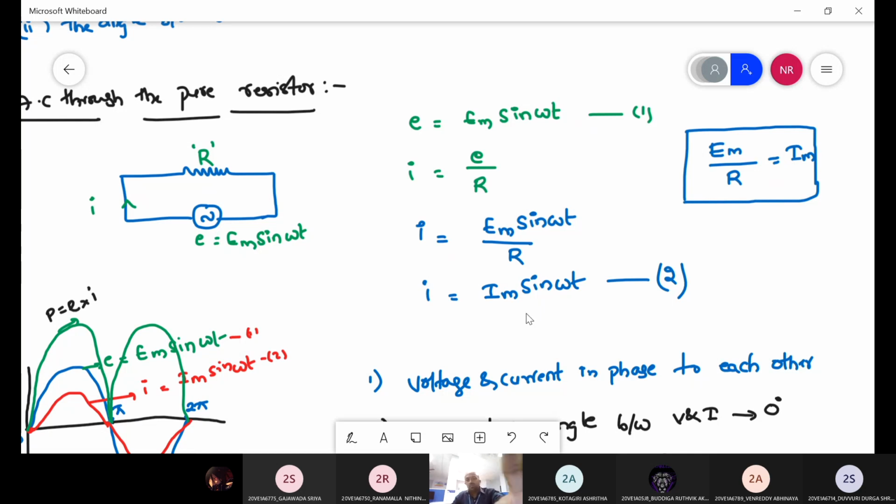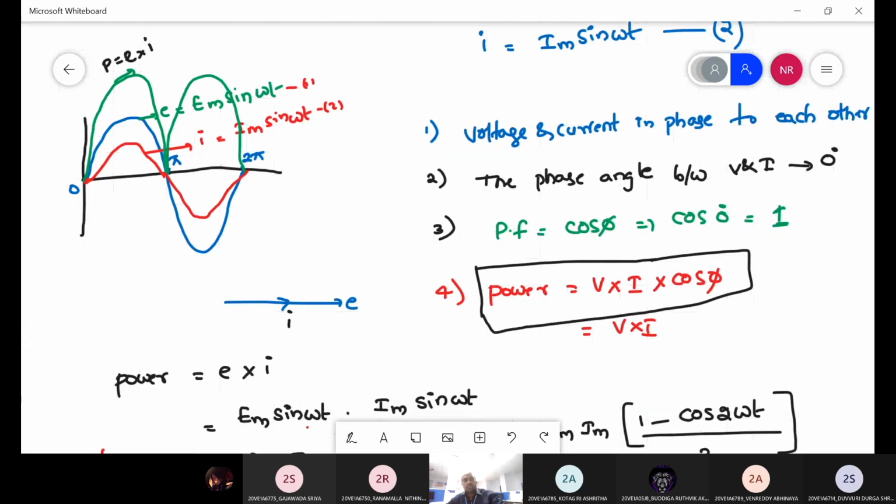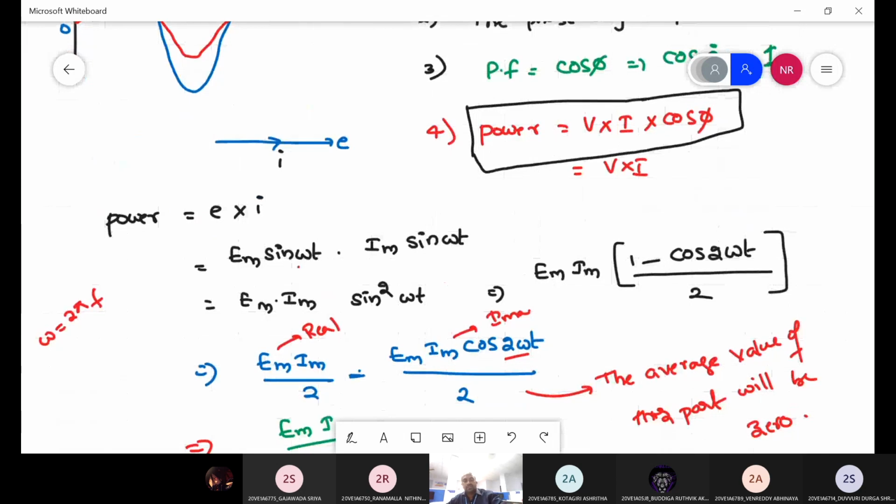So if we compare equation 1 and equation 2, both are the same. It means voltage and current are in phase with each other. The phase angle between the voltage and current is 0 degrees. Then the power factor cos phi is equal to 1. Then the power equation: power is E into I, Em sin omega t, Im sin omega t, Im common, sin square omega t.